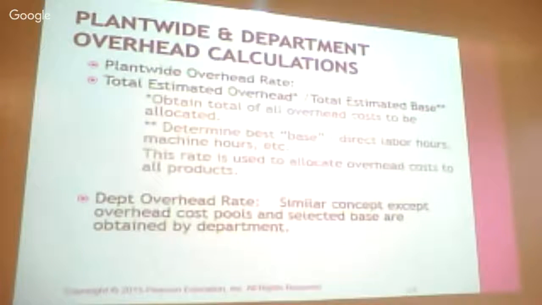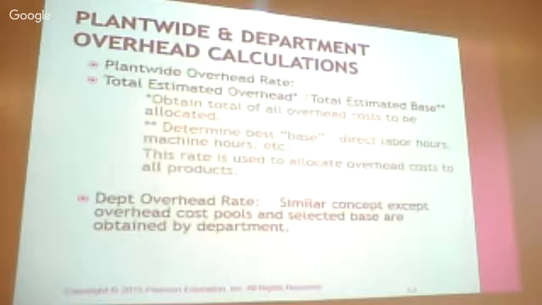So my base would be 100,000 hours. Again, it's based on history. At the beginning, you determine what we're planning to do, and you kind of back into the numbers. I'm going to do 20,000 cars, it takes me 5 hours to do one car, so I know I'm going to have 100,000 labor hours, and that's how you get your base. Does that make sense? Okay.